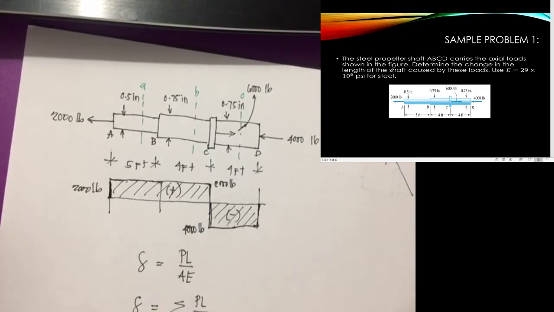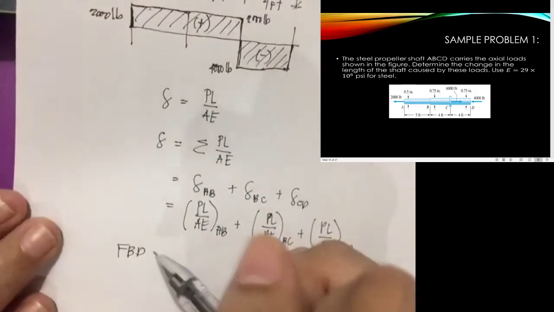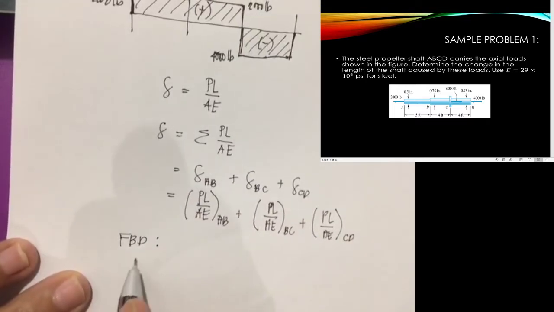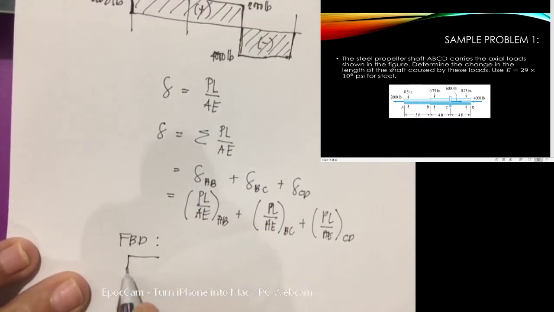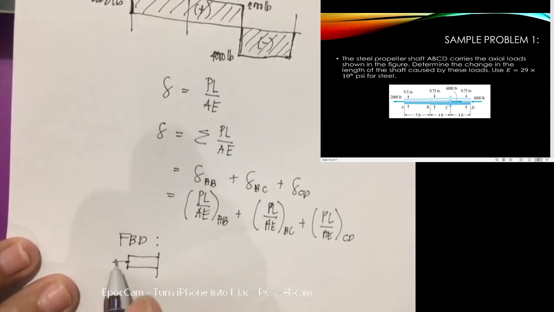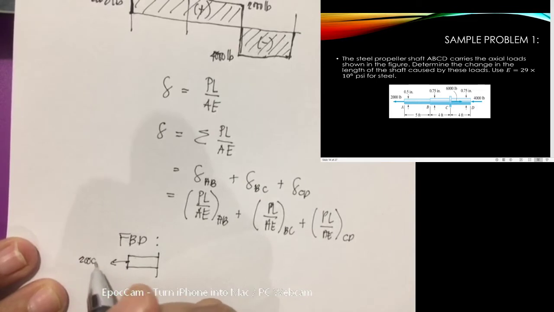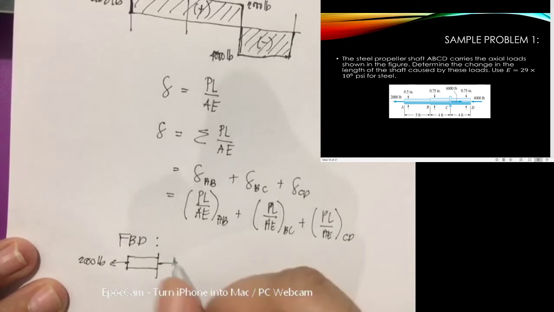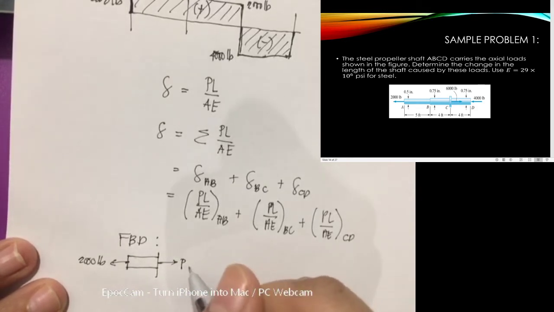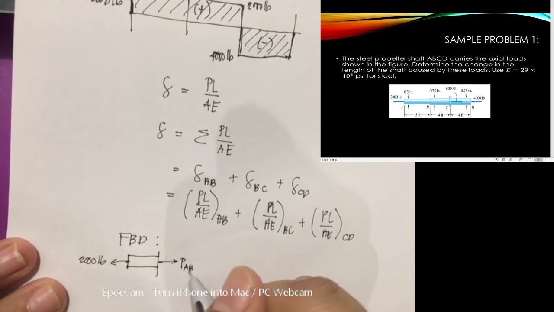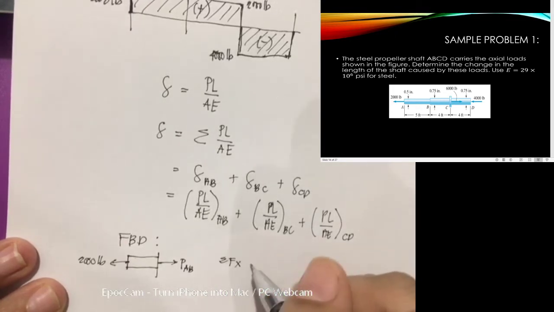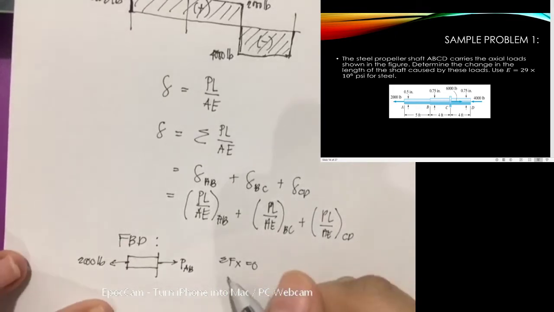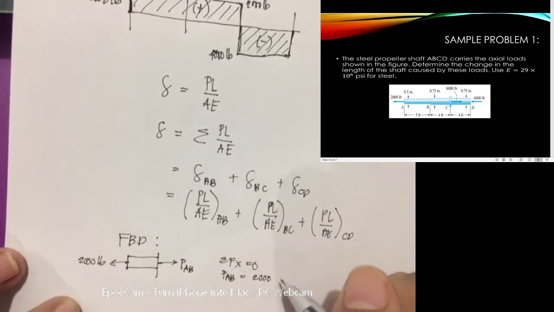Now, considering cutting plane A, we have this figure. Right? We have 2,000 here, and action-reaction, class, this will be your PAB. So, we have summation of forces in X equals 0. PAB, therefore, is equal to your 2,000 pound.